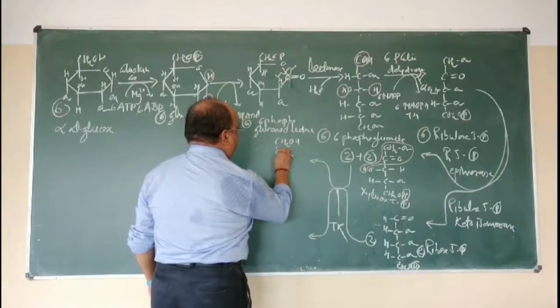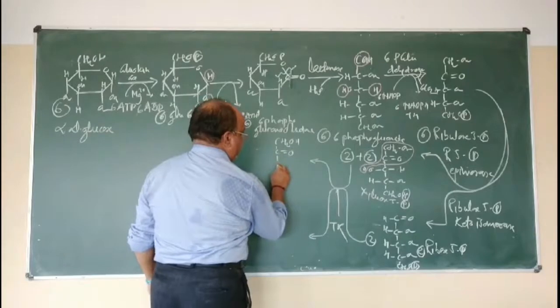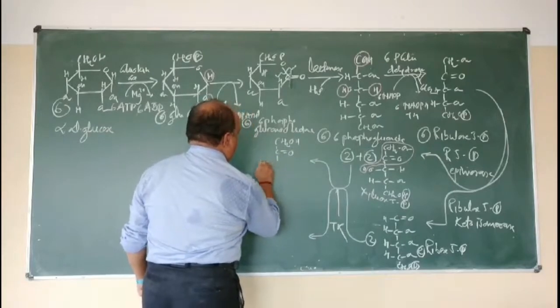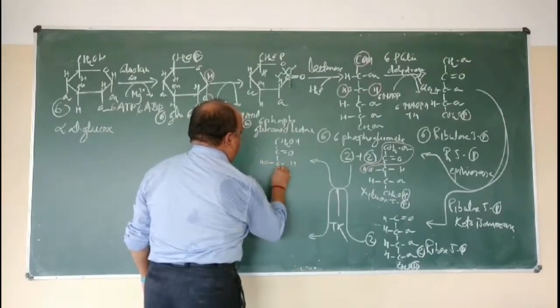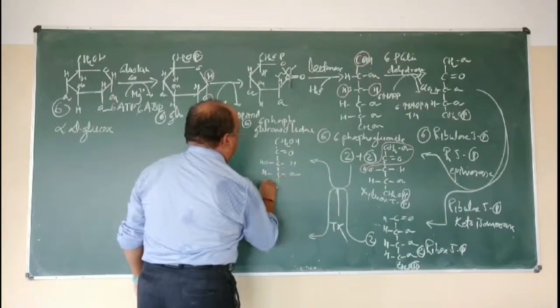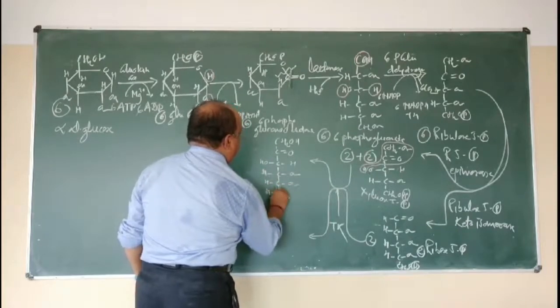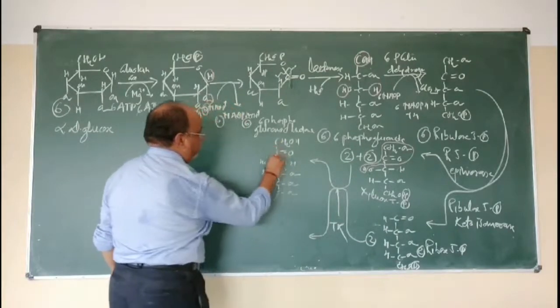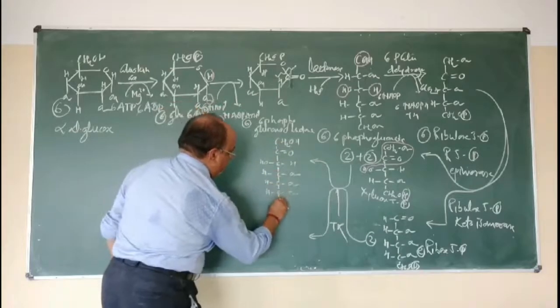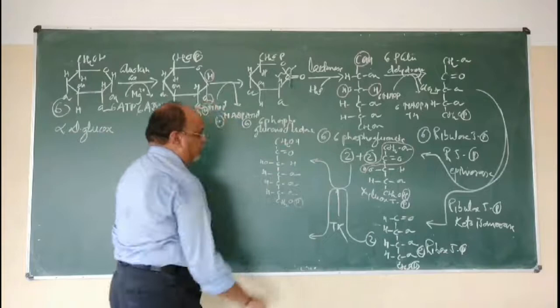CH2OH, C double bond O, OH, C H, H C OH, H C OH, again H C, 1, 2, 3, 4, 5, 6. And the last one is CH2OP.